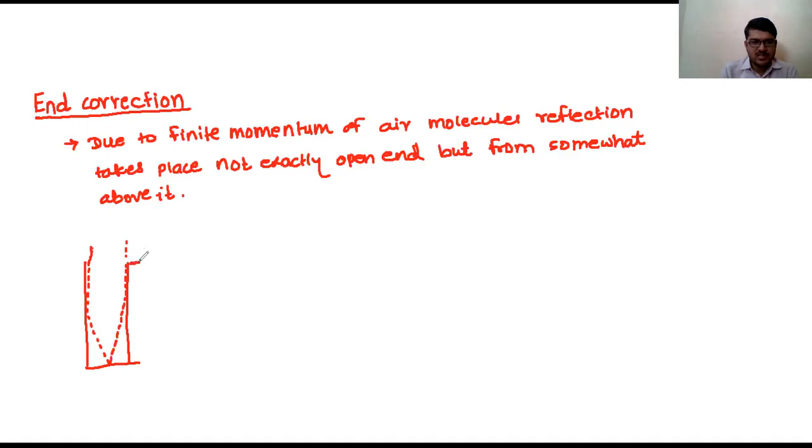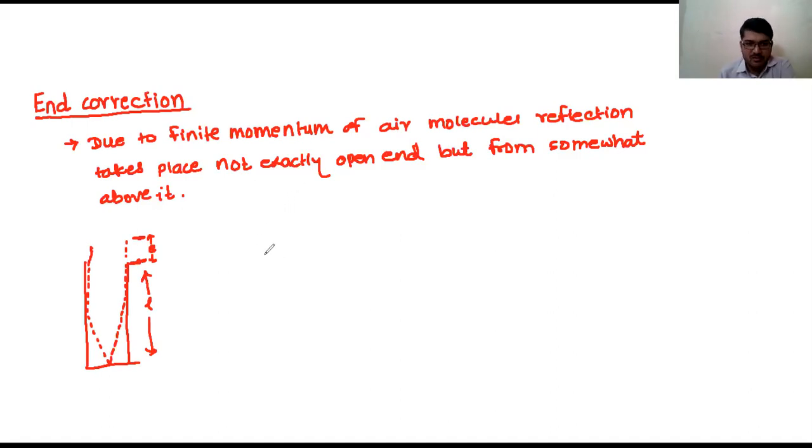You can see here the pipe ends here, and reflection takes place from a little up. So this is denoted by small e, and this is the length of this pipe. So this is called end correction. Understand?